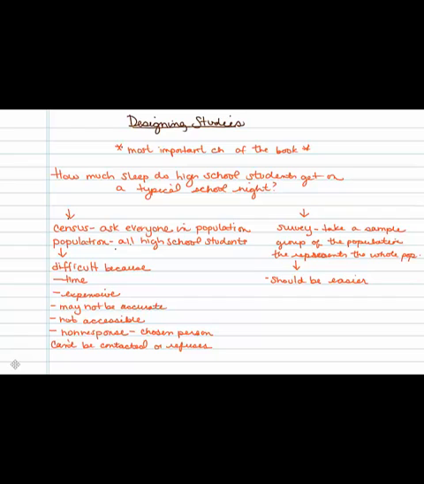And there's tons of places you can survey, and we'll talk about that in a second. There's only some problems: it might be difficult to get the right group that does actually represent the population in its entirety.